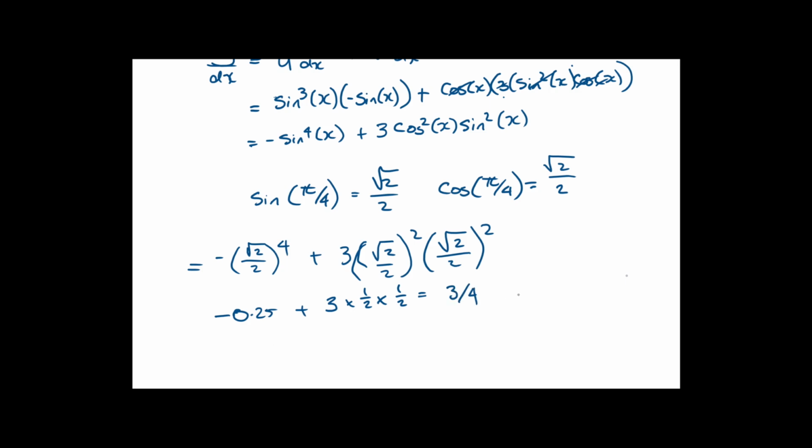So 3/4 minus a quarter is going to be 0.5, which is 1 over 2. And so that's our gradient is 1 over 2, which means that the gradient of the normal is going to be negative 2 over 1. Remember, we flip them and make it a negative sign.